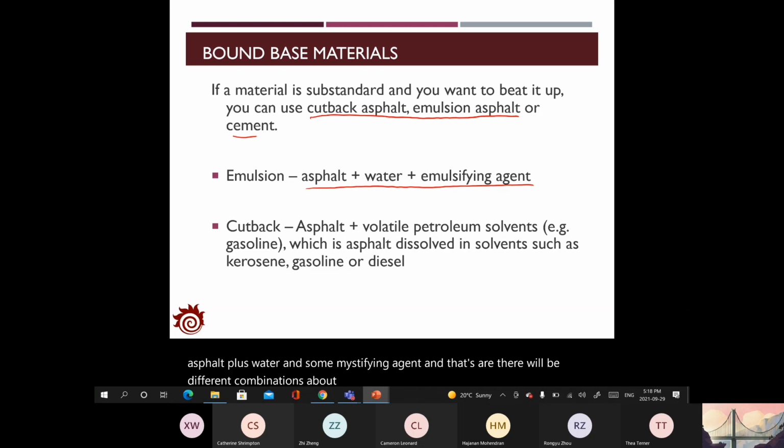And the cutback could be the asphalt and a volatile petroleum solvent. The asphalt can dissolve in the solvent, and then combined with the different granular aggregates, it can increase the strength of the aggregates and also reduce the swelling potential of the aggregates to water.